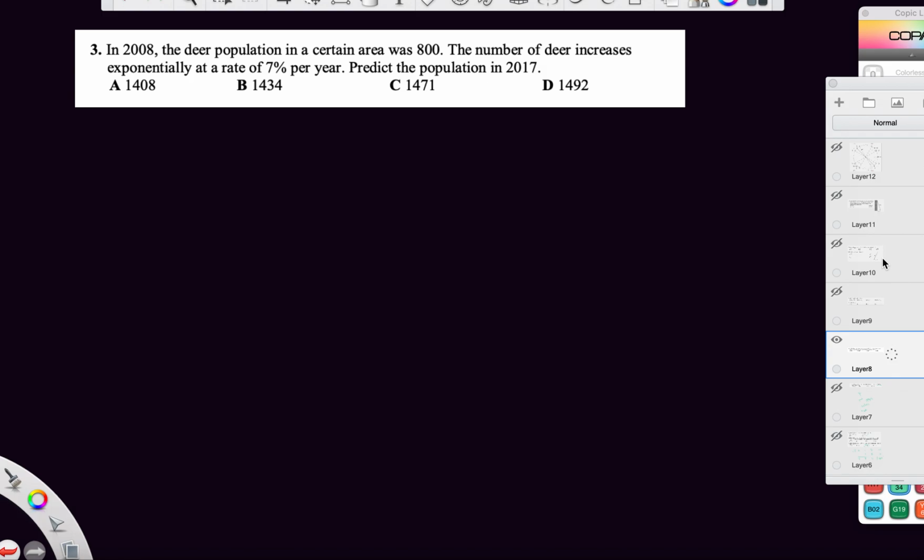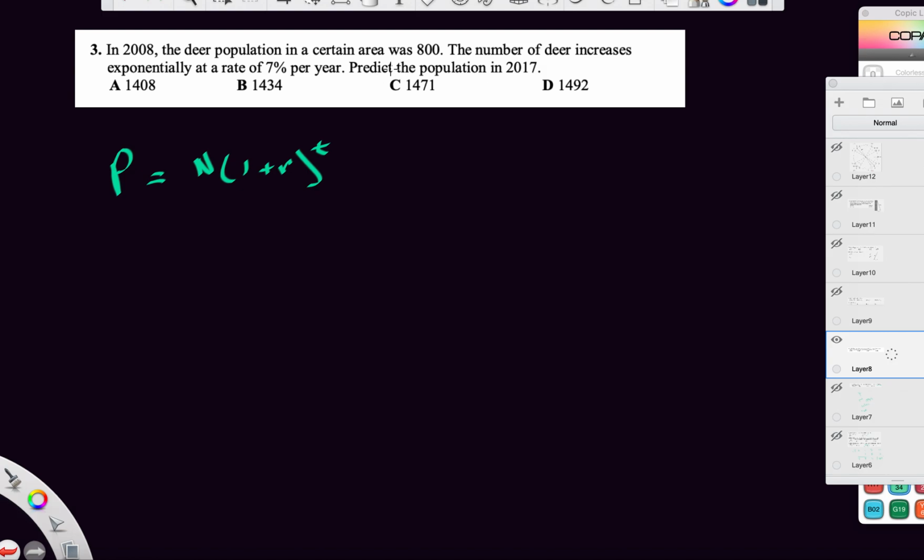Population question. This is an easy population question. This is an easy interest question. Really, population is equal to original n times 1 plus r to the t.